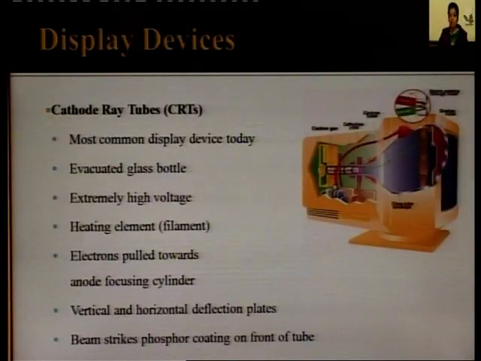CRT is a basic display device, the most commonly used display device today. It is an evacuated glass bottle with extremely high voltage heating. The components of a CRT are heating elements, electrons pulled toward the anode, a focusing cylinder, and vertical and horizontal deflection plates. The beam strikes phosphorus coated on the front of the tube.